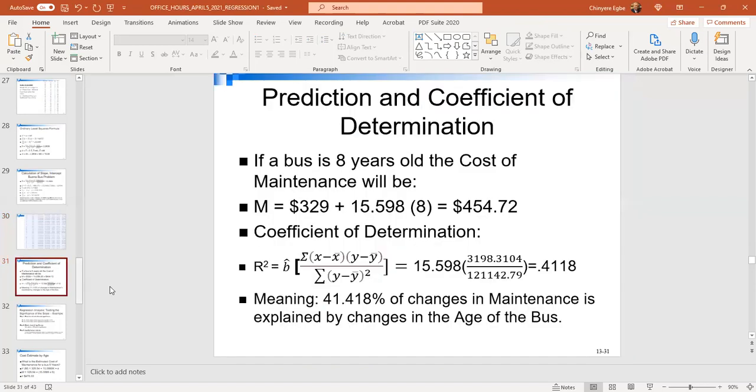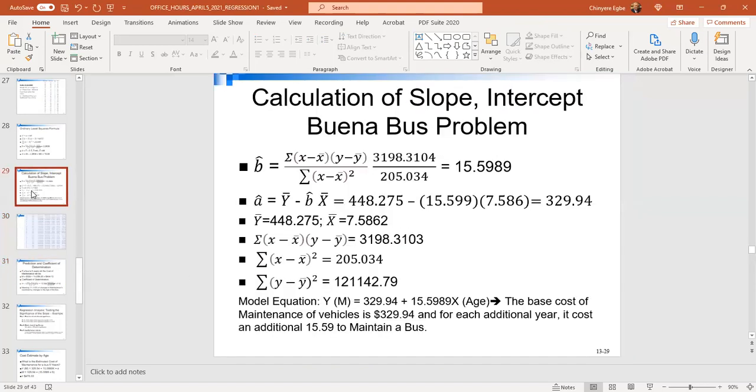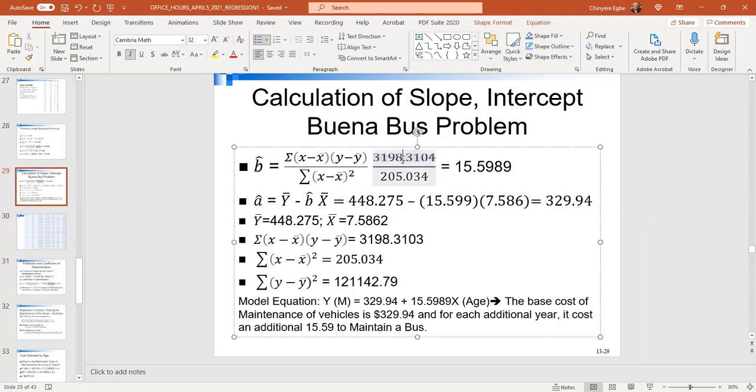So this is the same numbers. That's correct. The summation of x minus x bar times y minus y bar was 3,198. That's what we had in the Excel spreadsheet. And the summation of x minus x bar squared was 205. And so the slope of the function is 15.59.